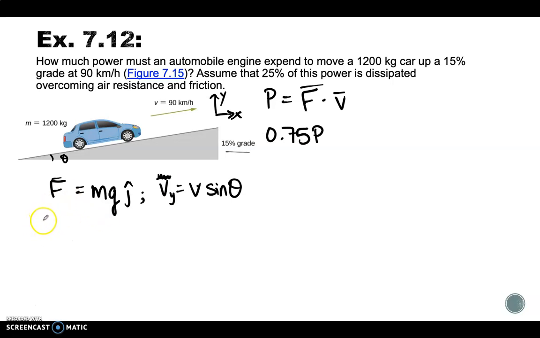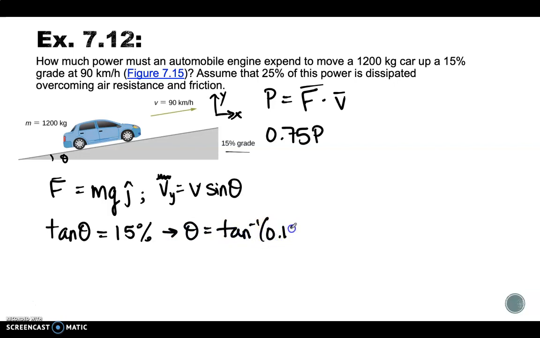When it says 15% grade, it means that the tangent of this angle theta is equal to 15%. Or we can say theta is equal to tan inverse of 0.15, and notice that this is going to be in radians.